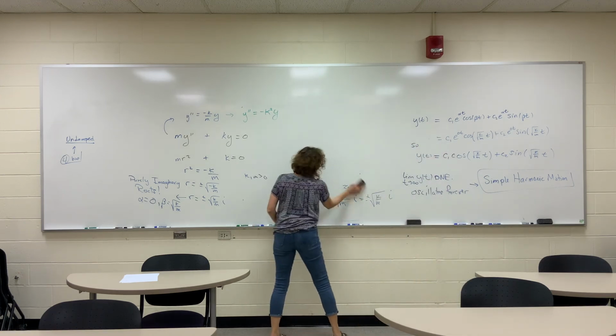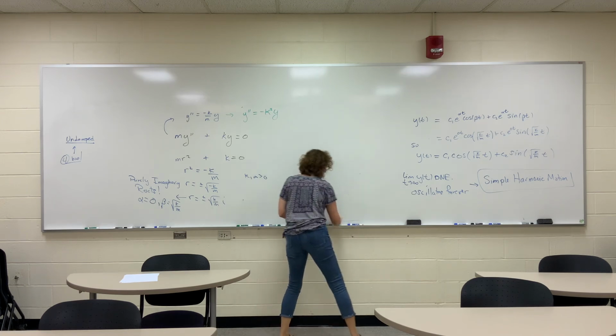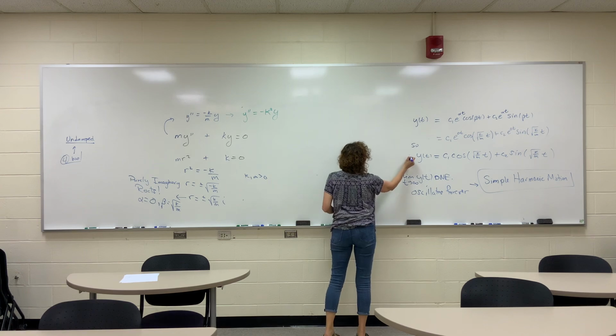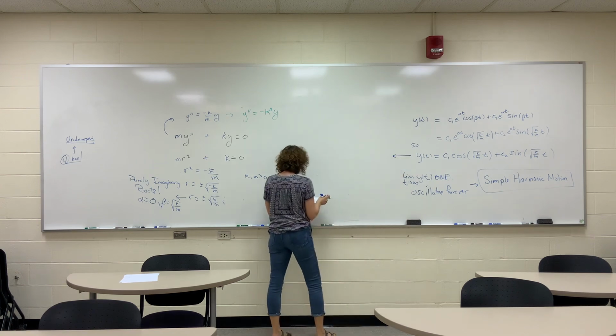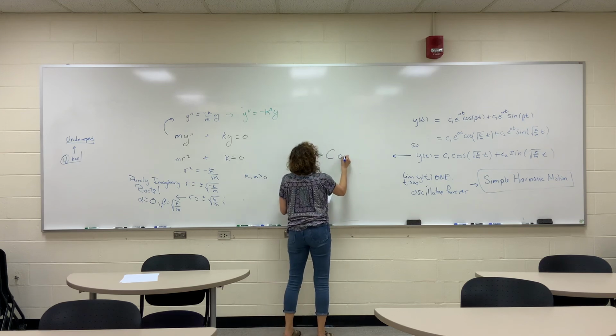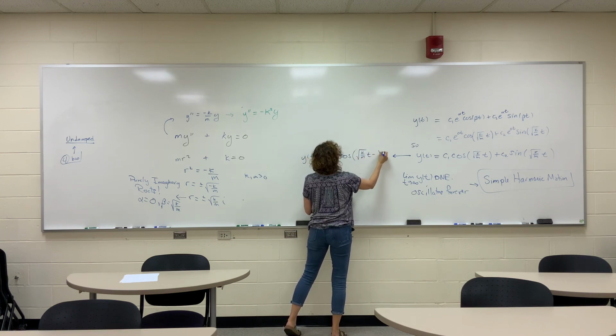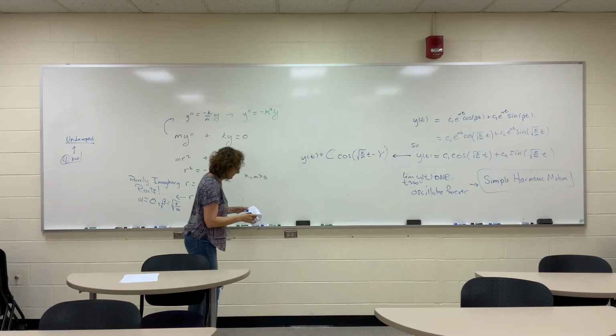You can show that this is equivalent to y as a function of t is some other constant times cosine of the square root of k over m t minus gamma, okay?